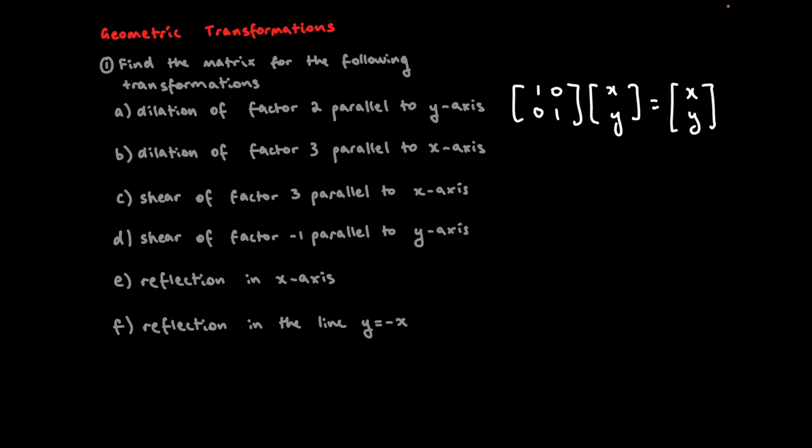So I'm just going to do a little 2 here. And the only way I can get a 2y here is if I were to have a 2 in this matrix column here. So if I change this number to a 2, you can now see if I pre-multiply my x, y coordinates with this matrix, I will end up with this matrix here. So this is the transformation that describes a dilation of scale factor 2 parallel to the y-axis.